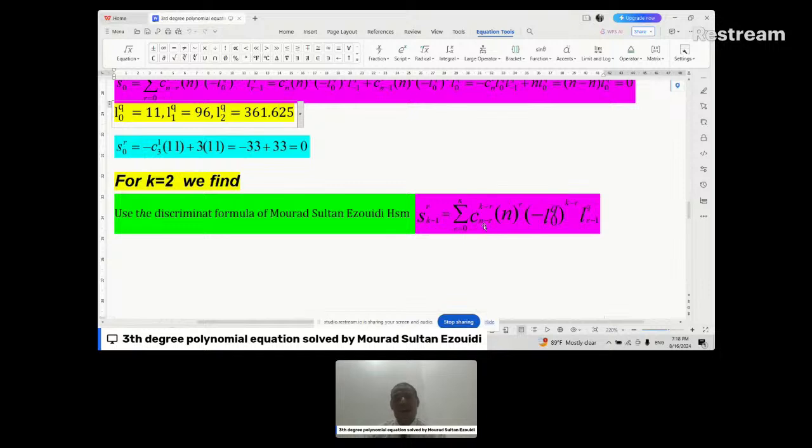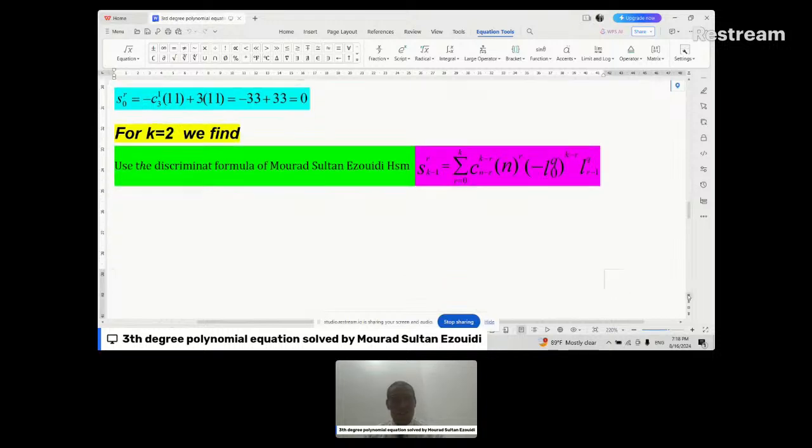It denotes the highest power of the polynomial equation that you would like to solve. Okay, n here is 3 because the highest power of my polynomial equation is 3.